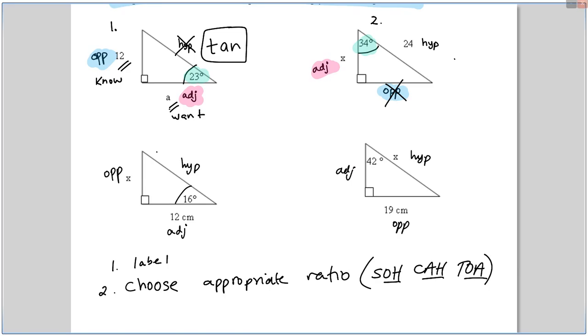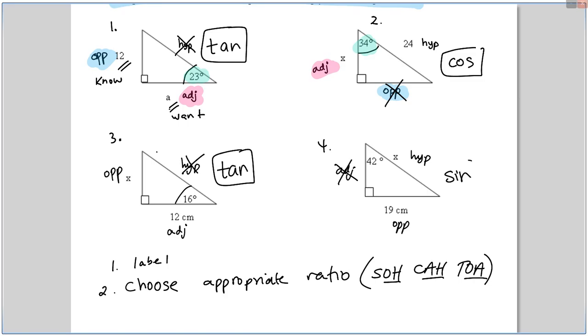So I would choose cosine for that one. Now number 3 down in the bottom corner. Which one do I know nothing about? Hyp. So then I'd use tan for that one. And then the last one in the bottom here. You know nothing about adjacent. You have opp and you want hyp, so this one would be sine.